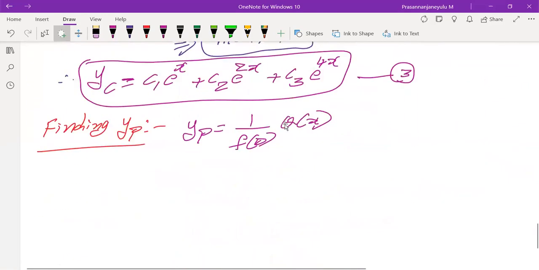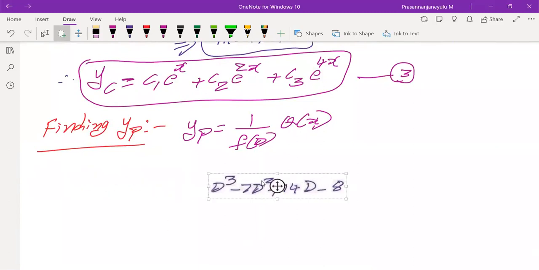So yp equals 1 by f of D, which is this, of Q of x. Q of x is e power x into cos 2x.